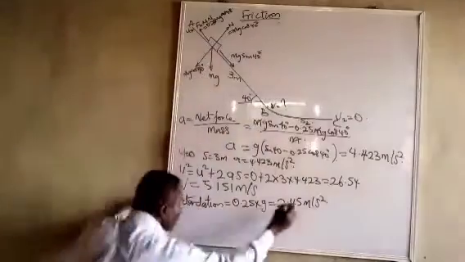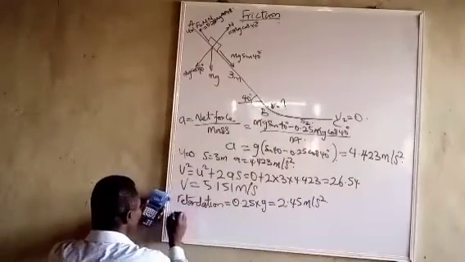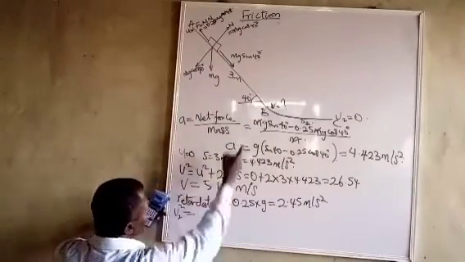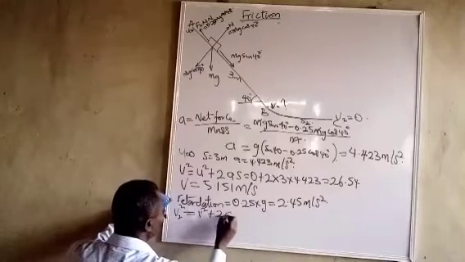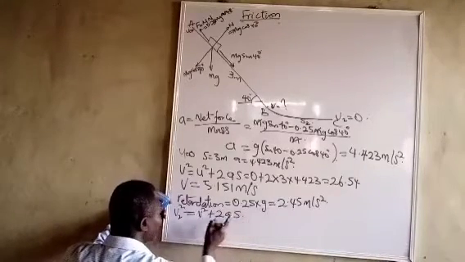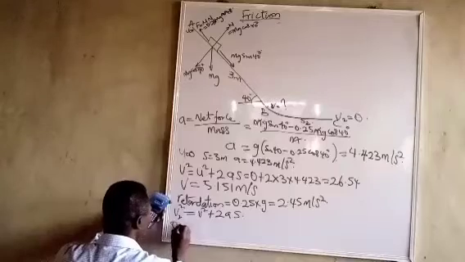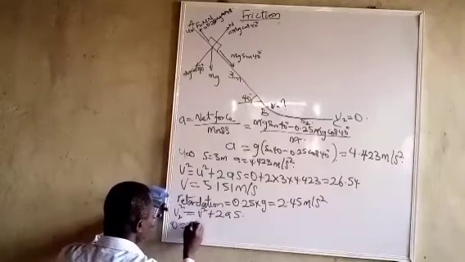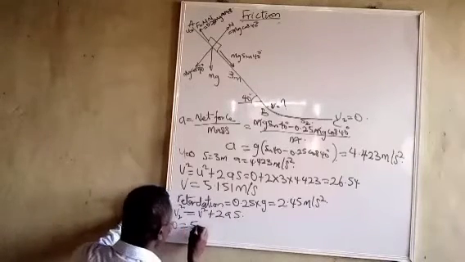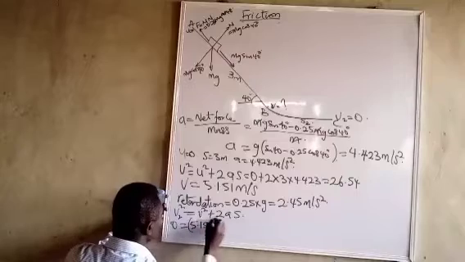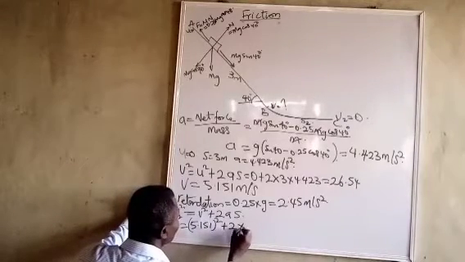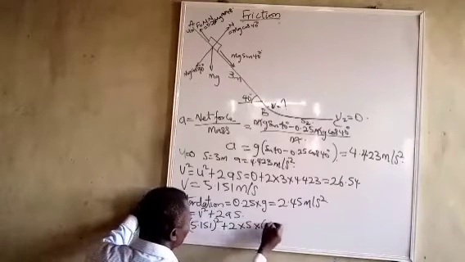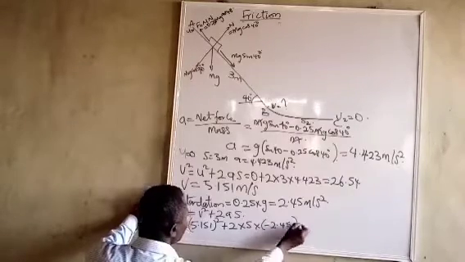So, what is our v2 here? 0. So v2 squared is equal to v squared plus 2as. In this instance, a is negative, so 0 will be equal to 5.151 squared plus 2 times s times minus 2.45.